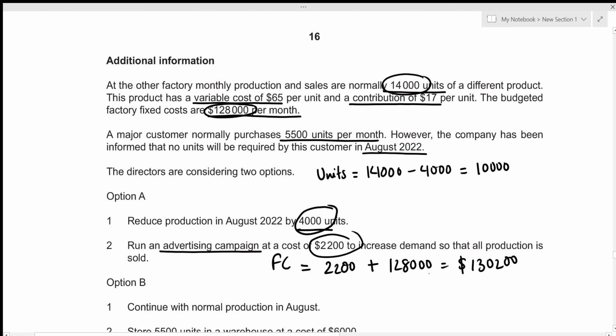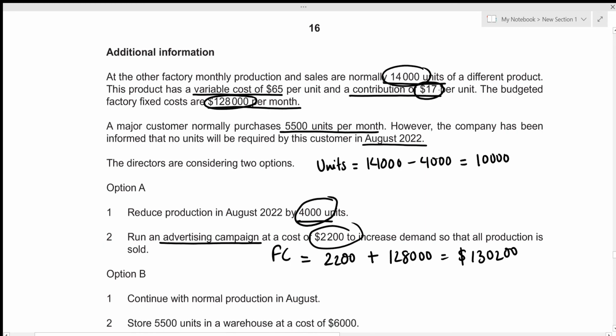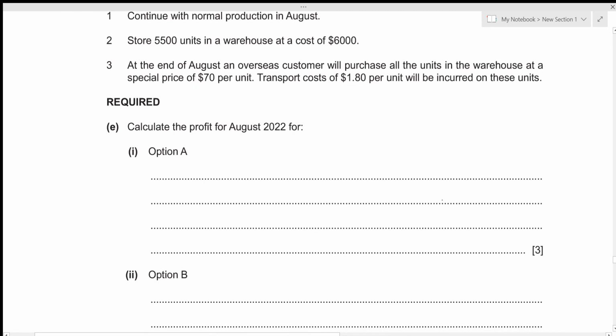Now we just need to figure out our profit on this basis. We are not given any information regarding the sales price, but we are already given the contribution. So we can just start with our total contribution. Total contribution is just the contribution per unit times the production units.